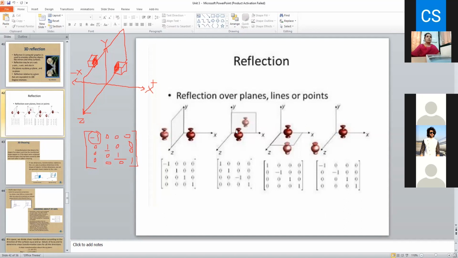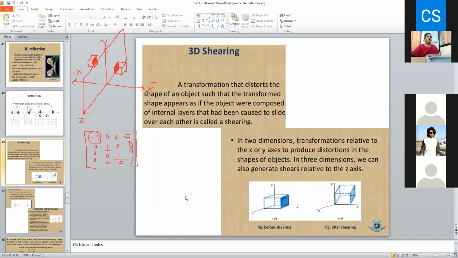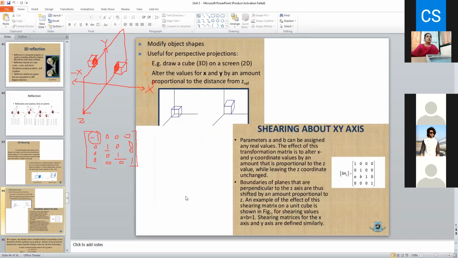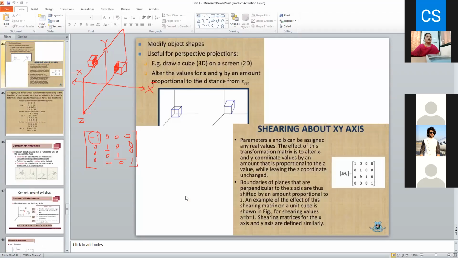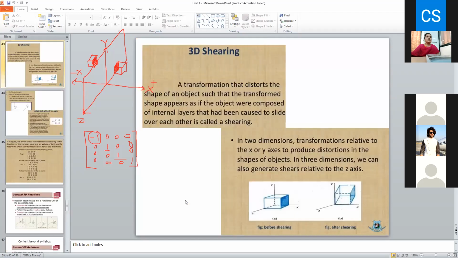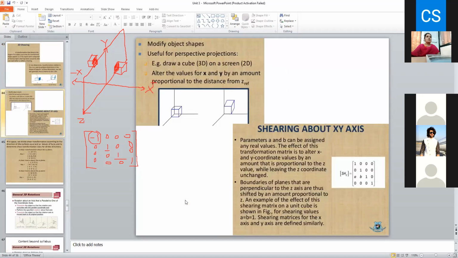Yes, ma'am. Okay. So we will stop here for today. Now 3D shearing is remaining. Otherwise we would cover this 3D shearing also. 3D shearing is the same as 2D shearing. Only you can see the diagonal elements are always one. The off-diagonal elements are responsible for shearing. If you have non-zero values in the third row, then shear along Z is done.